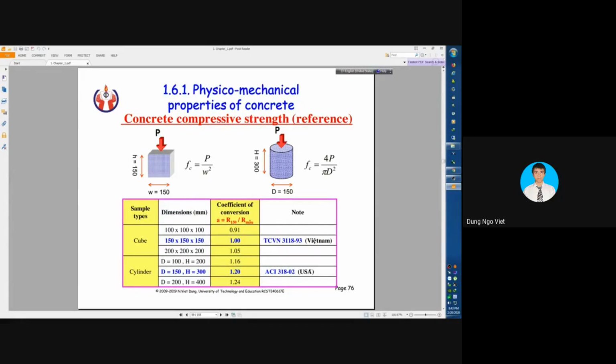And we can also use other samples with these dimensions. However, after finishing the experiments, we have to use a coefficient of conversion to convert the value of this sample to the standard values.